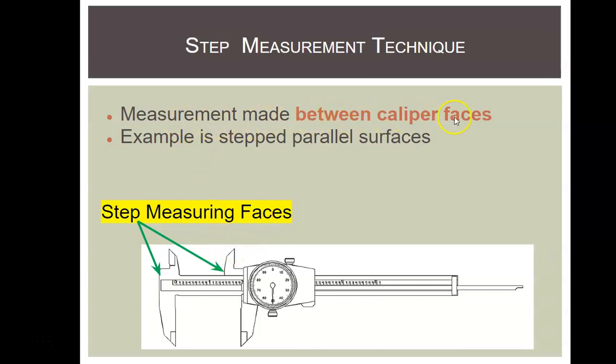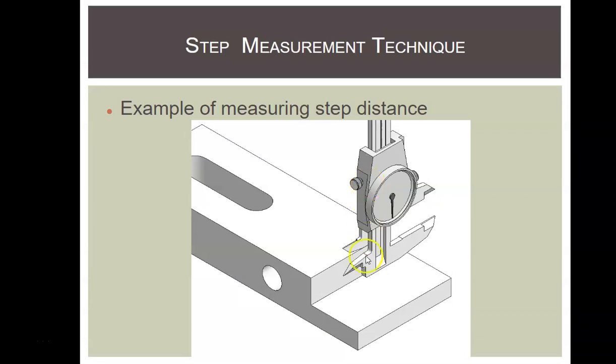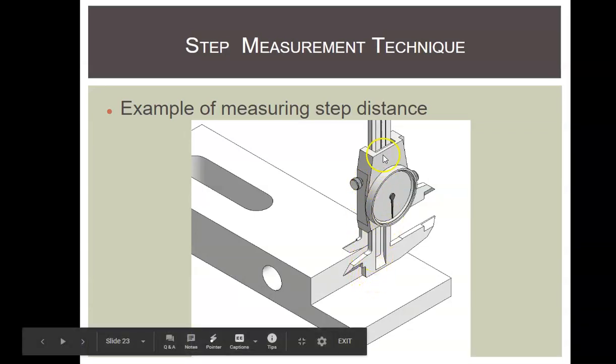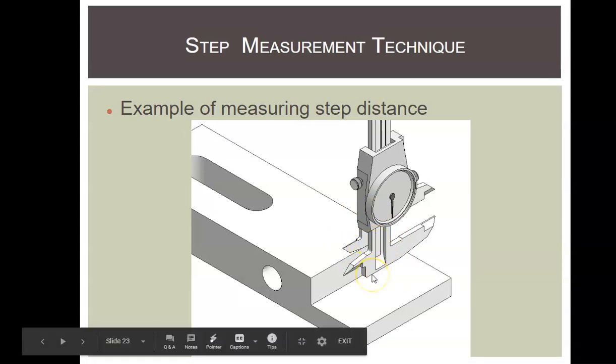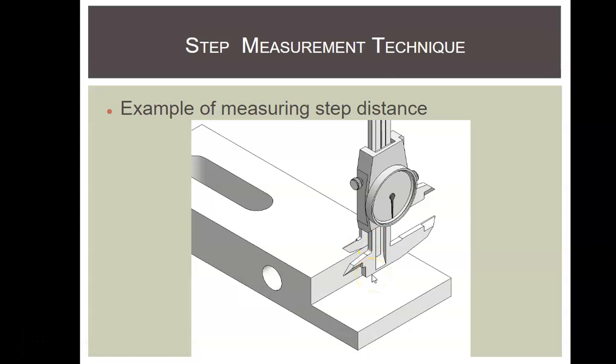It's a measurement between caliper faces, for example between two parallel surfaces. You flip it upside down here, and this part of your dial caliper will be flat. On the back side, this back jaw actually has a flat piece. So the distance from there to there is going to be your measurement.